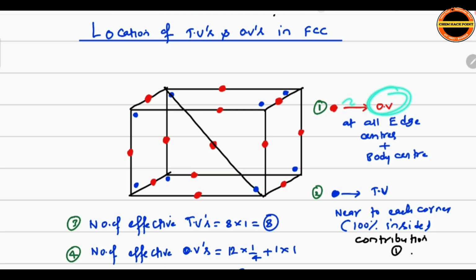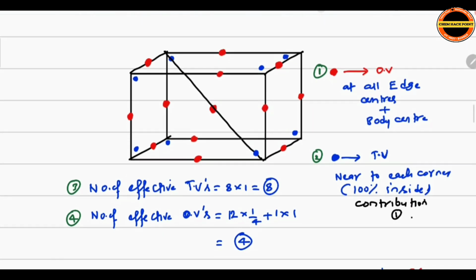And octahedral voids are at every edge center, and at the same time 1 at the body center. Octahedral void at the edge center as well as 1 at the body center. So observe the overall view here: tetrahedral voids near to the corner are inside the cube, not shared with any other unit cell. Octahedral voids are at each edge center plus 1 body center.